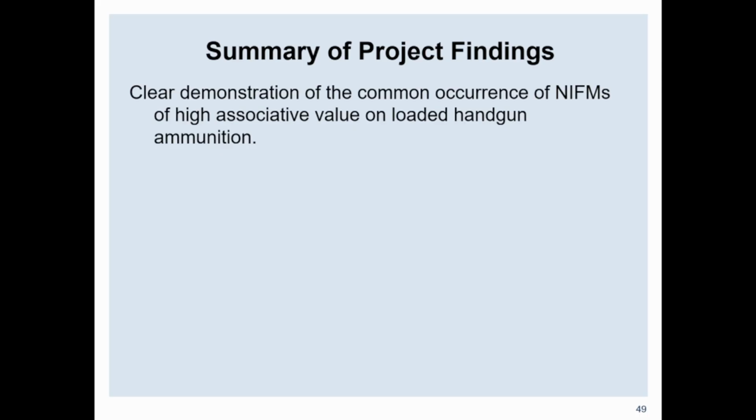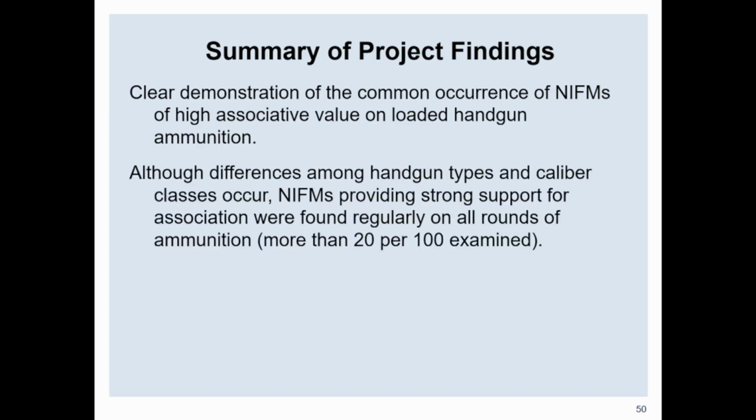So the project findings have a clear demonstration that you do have a common occurrence of non-identifiable finger marks of high associative value on loaded handgun ammunition. We found differences among handgun types and sizes, but in all of the classes, even on 22 caliber rounds, we regularly find rounds of ammunition that are of high associative value for their finger marks.